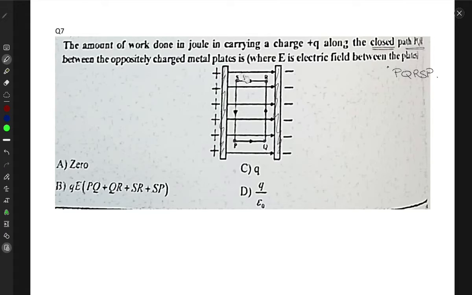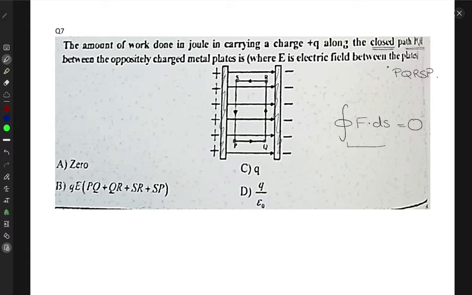And we know that the work done in electrostatics, if the field is conservative, right? The electric field is a conservative field. So if the path is closed and I'm starting from this point P and coming back to this point P, then the closed integral of F dot ds is going to vanish.